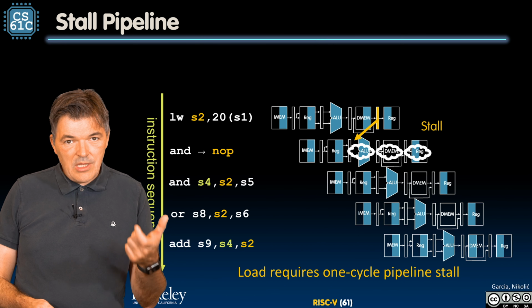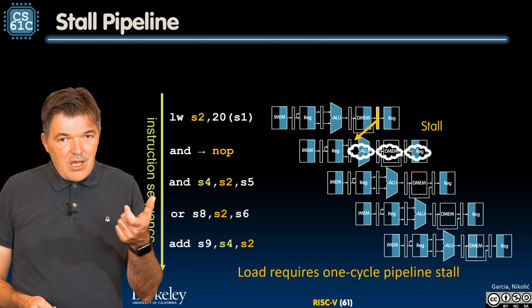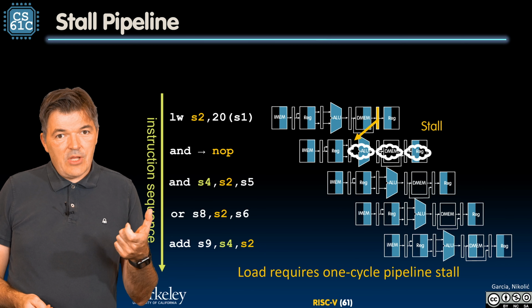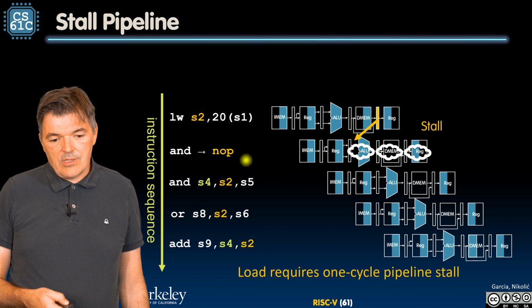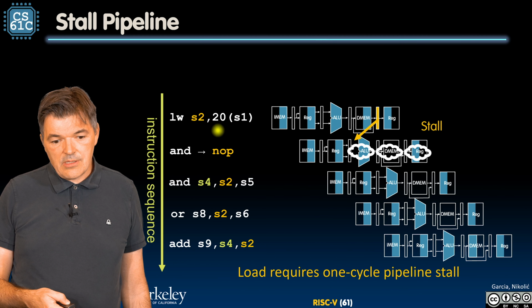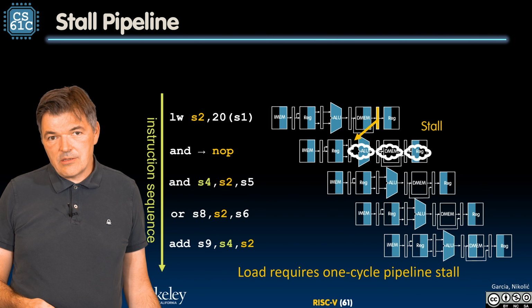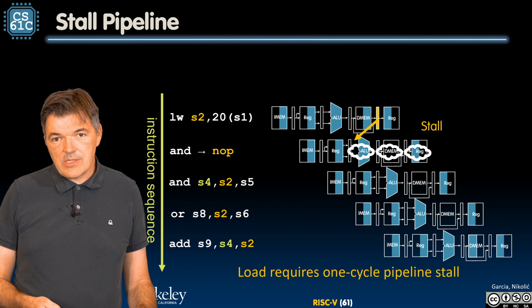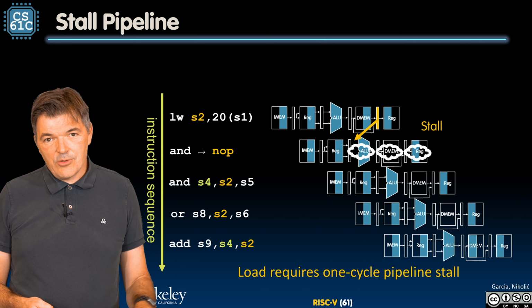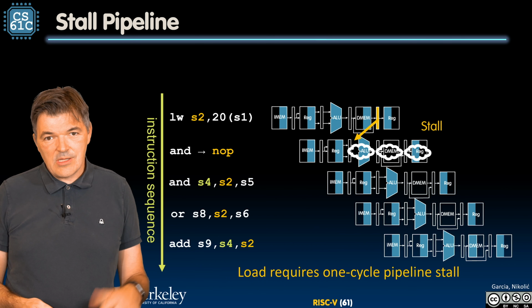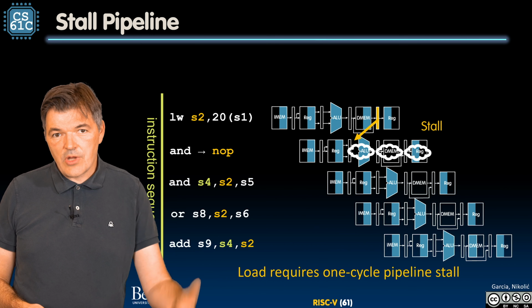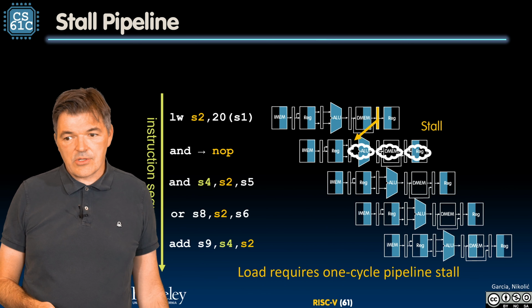So we need a mechanism here, a piece of logic that is going to detect that we are dealing with a load, and that the destination of that load is the source for the next instruction. That requires us to stall, and this is a mechanism to stall. We basically make the latch do nothing. We disable the control signals and run that following instruction again.